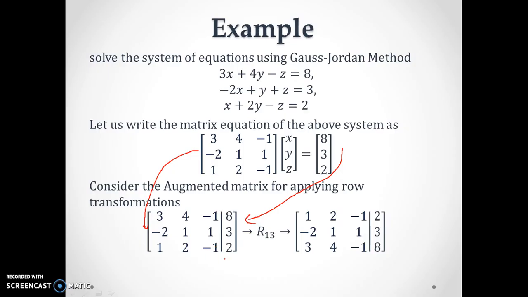To achieve that, first I'm going to use the transformation R13. R13 interchanges the first row and the third row. After that transformation, I get this matrix. If you want, you can pause and see if this is correct.